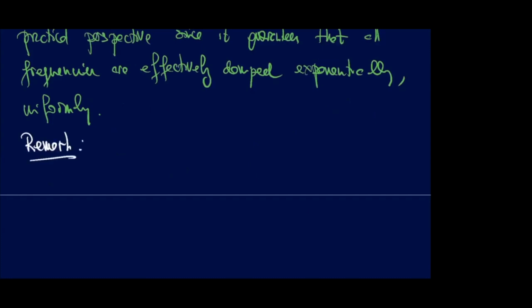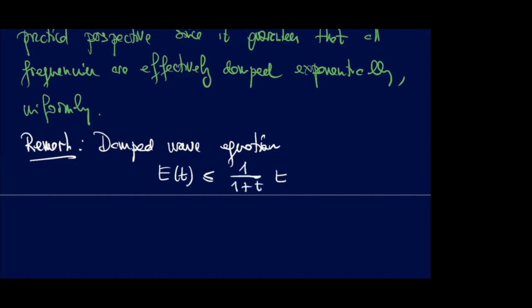if you receive a paper, you are a referee, you have to evaluate a paper, and someone says that for a damped wave equation, the paper claims I have a decay rate of the order of 1 divided by 1 plus t, for all t and for all solutions.